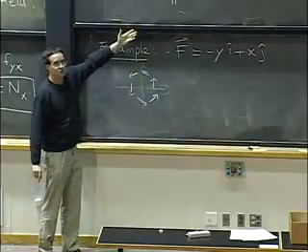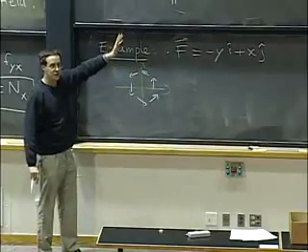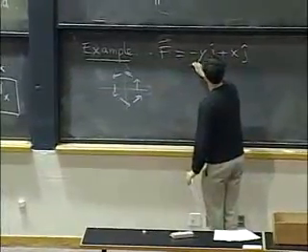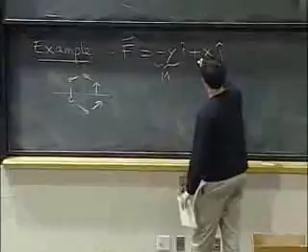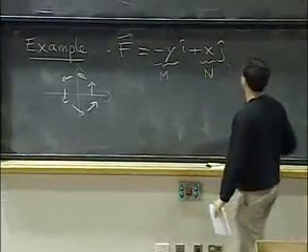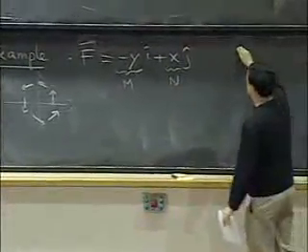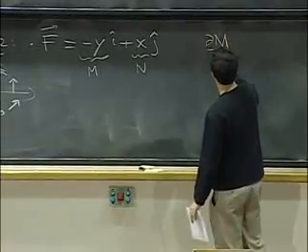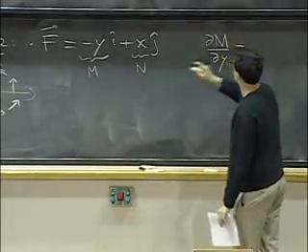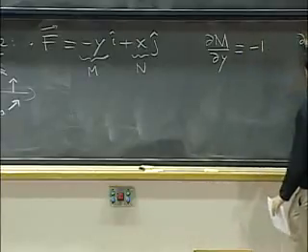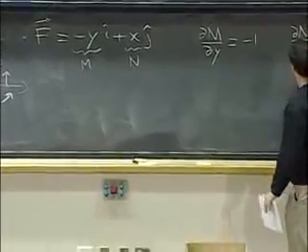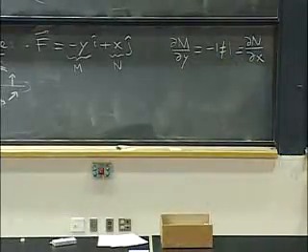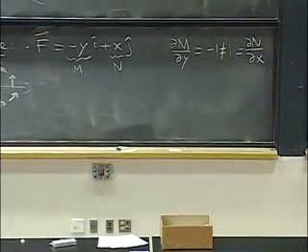But let's check that indeed it fails our test. Let's call this M and this N. Then partial M, partial y is negative 1. Partial N, partial x is 1, and these are not the same. So indeed, this is not a gradient field.